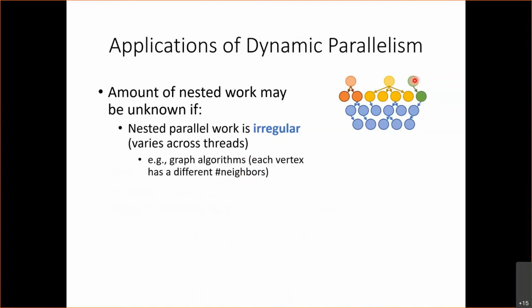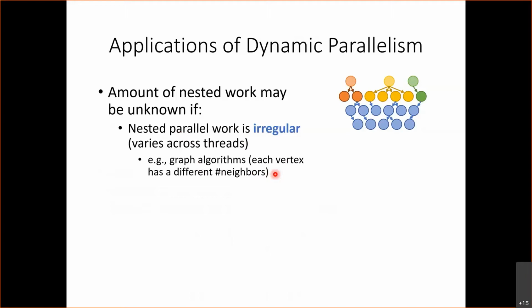But since each thread has a different number of neighbors, each thread has a different amount of nested parallelism, and that's where we have this irregular nested work. So in graph algorithms, each vertex has a different number of neighbors.